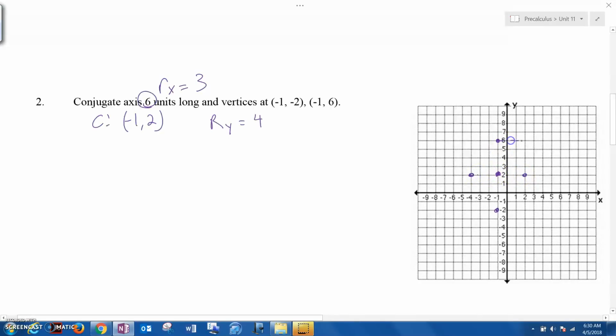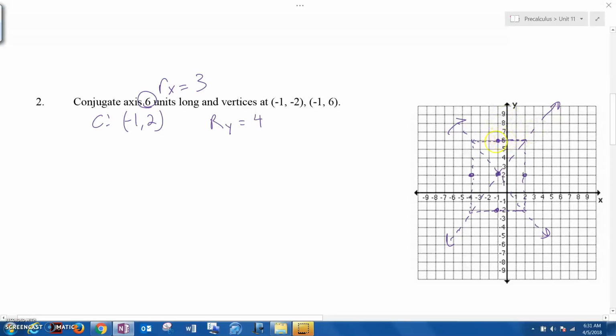So I can now make my box. Because now my conjugate axis, which is not through the vertices, it's the other two, has a length of 6. Now you can draw your asymptote lines, and then draw the hyperbola.